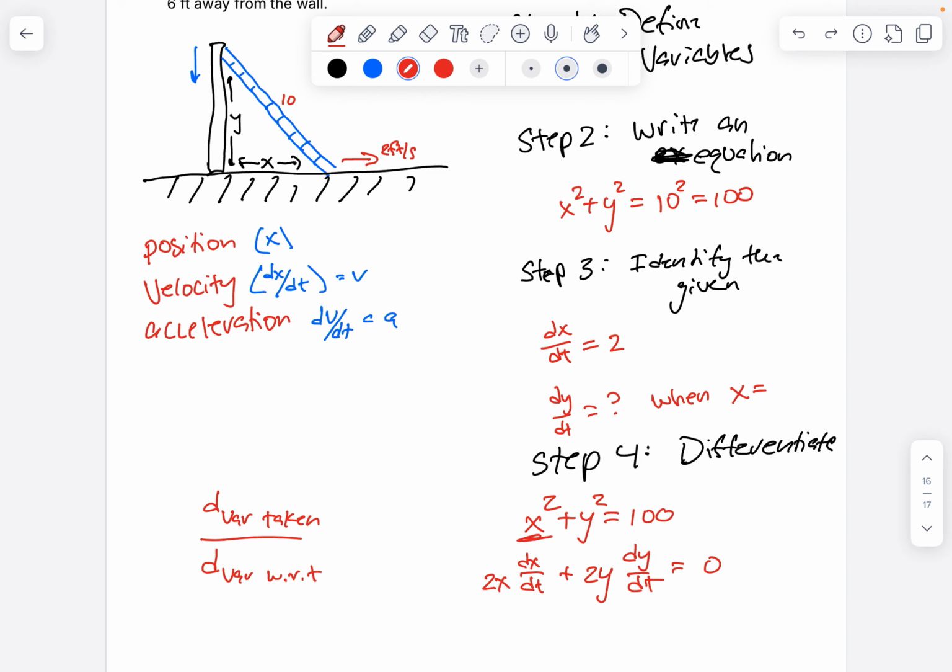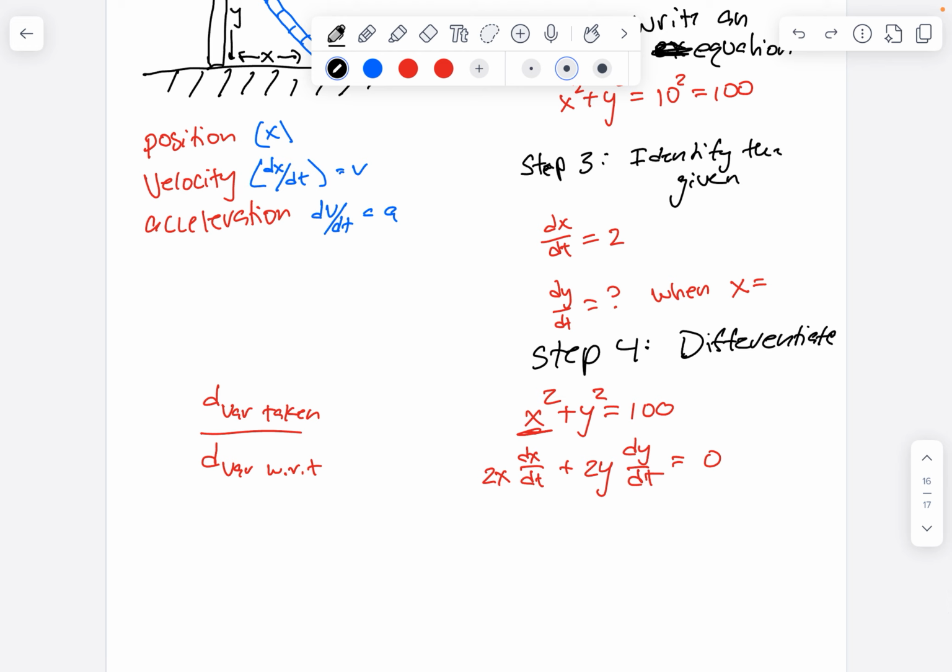All right, now that we have differentiated the equation, we go on to step 5, which is find y at x equal to 6. So step 5 is solve.